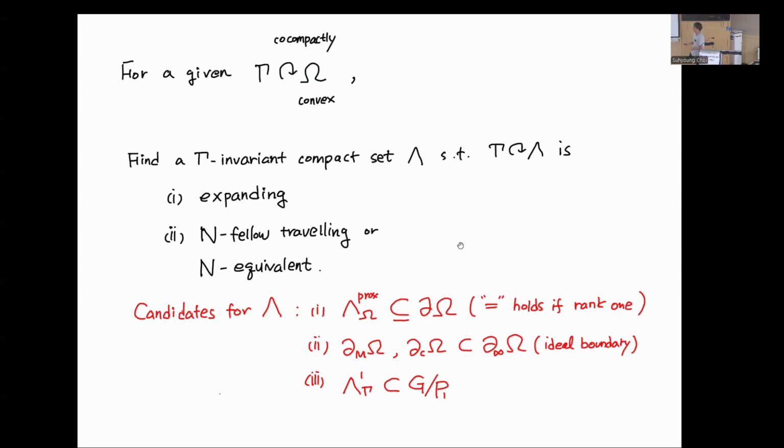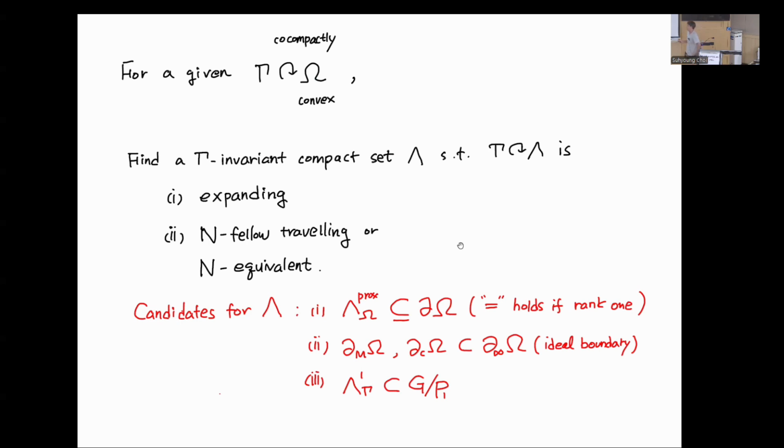So the first candidate for lambda is the set of proximal limit points. But in the rank 1 divisible domain case, the proximal limit set is equal to the entire boundary of the convex domain. So this is not good.